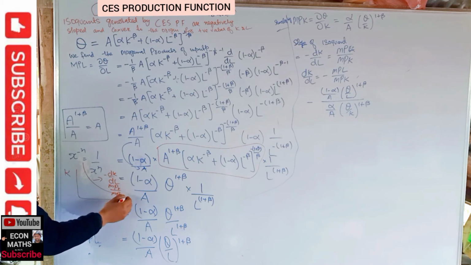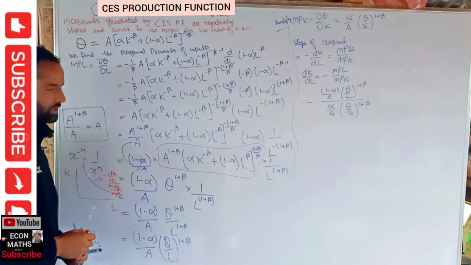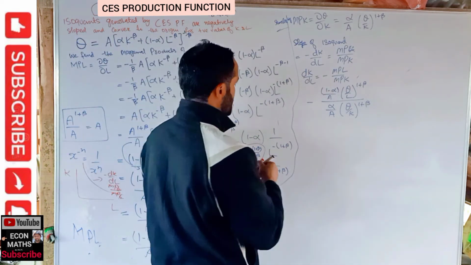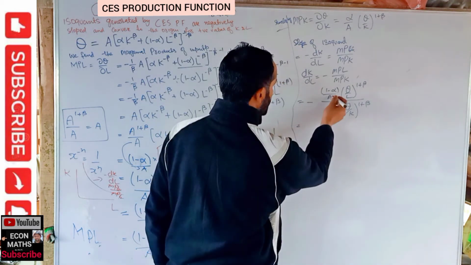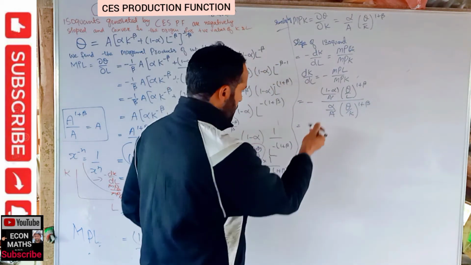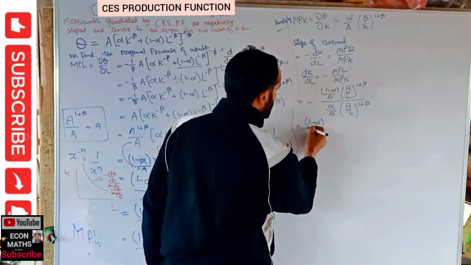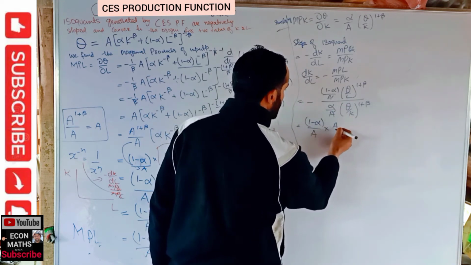That is the marginal productivity of labor and the marginal productivity of capital. Now solving this, here this A and A will get cancelled. 1 minus alpha divided by A, reciprocated, will become A divided by alpha.